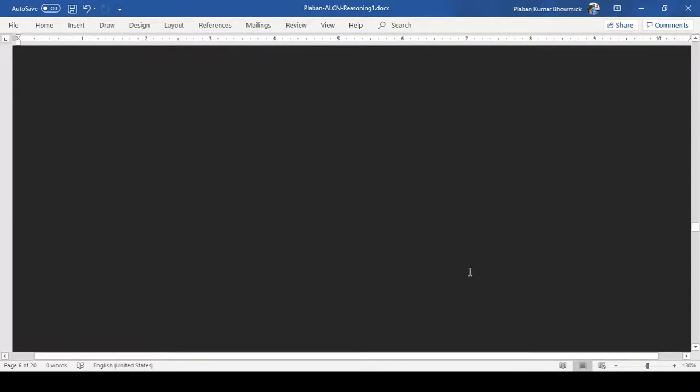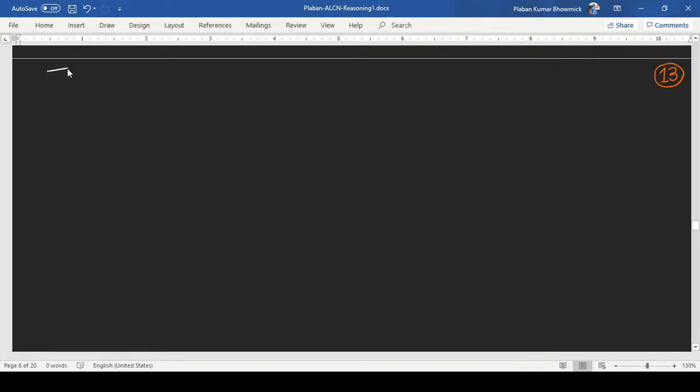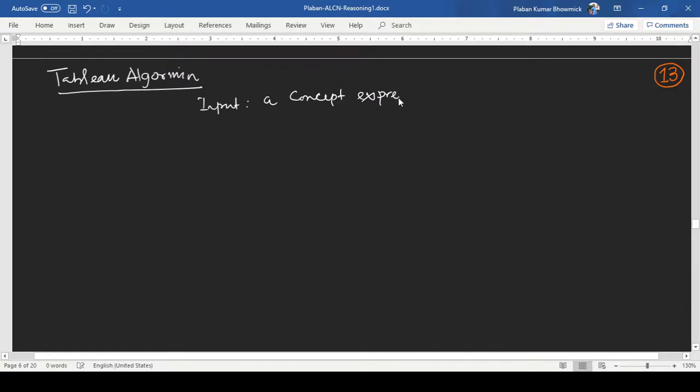Now coming to the core of the algorithm. So the Tableau algorithm. We'll be doing or mentioning the steps as we have done in the examples, right? So what is your input? Input is a concept expression. Take any C. In our example case, that was C0, right?